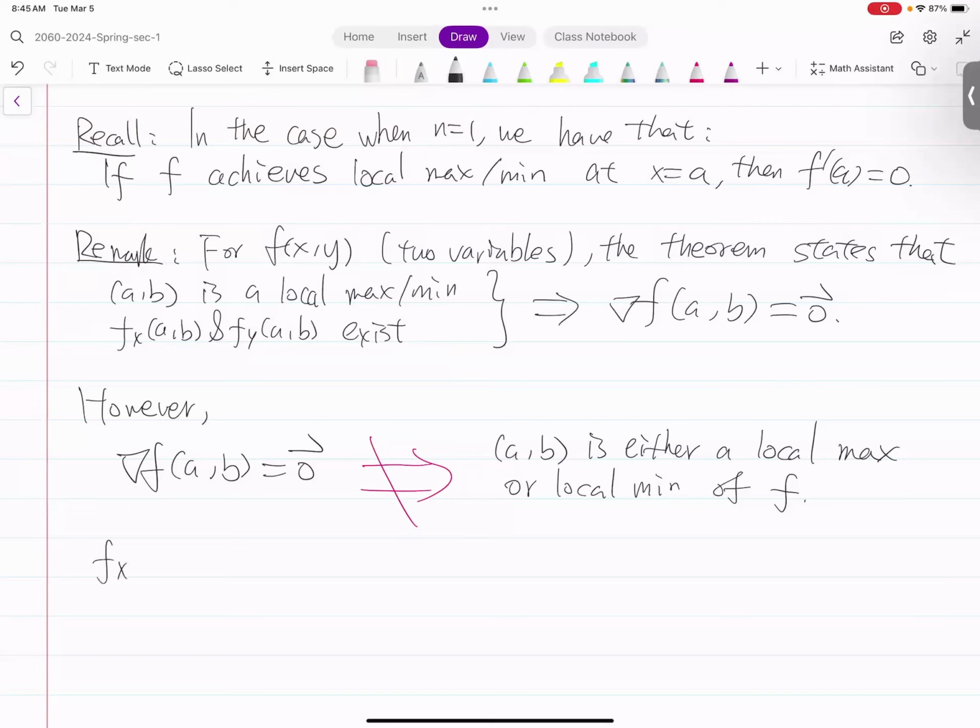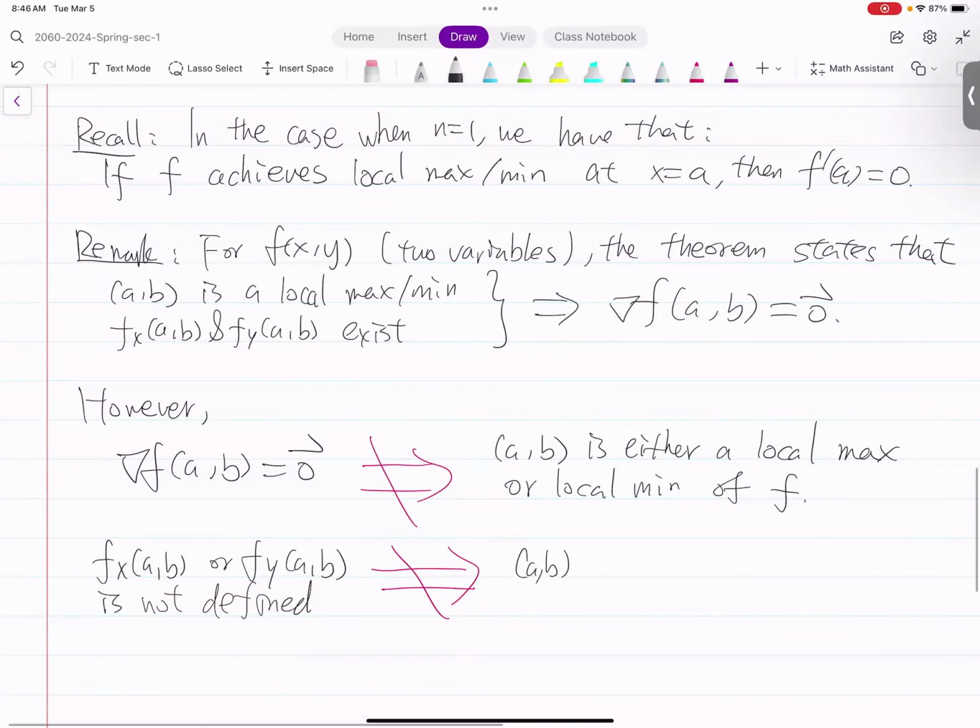So if f sub x of (a, b) or f sub y of (a, b) is not defined, it does not necessarily imply that (a, b) is non-important. So it still may be a local extreme.